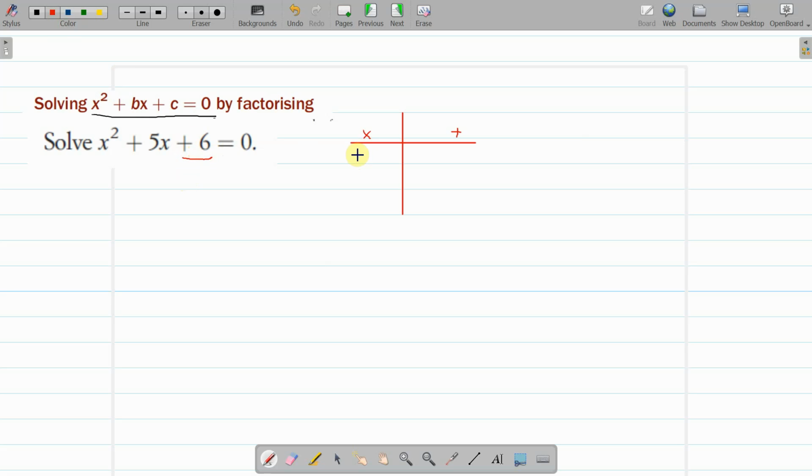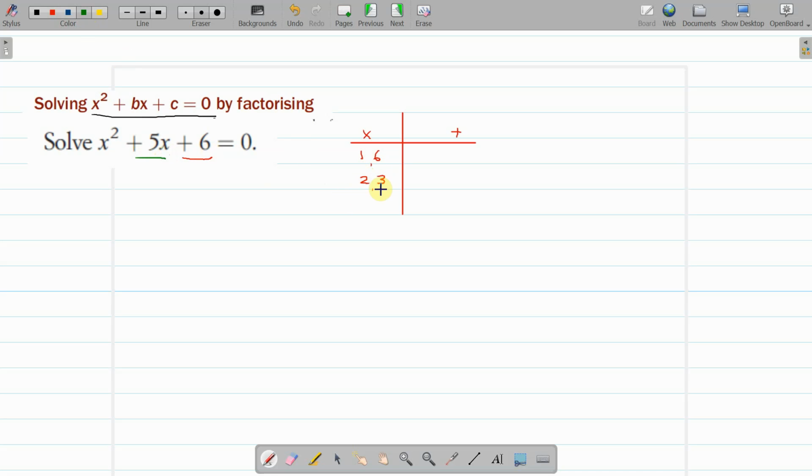And there's not many. There is 1 and 6, or 2 and 3. Those pairs, when you multiply them, give you 6. But then the second condition is that when you add these, they've got to equal 5.